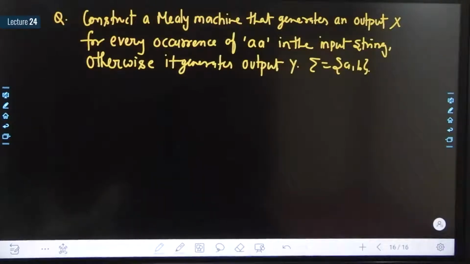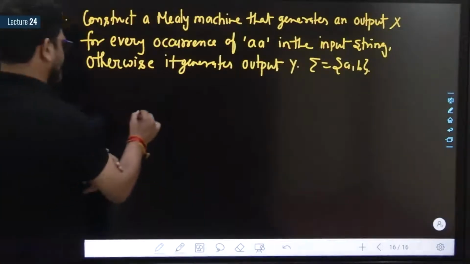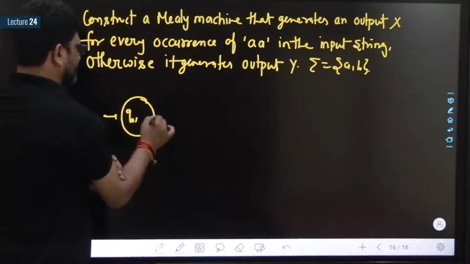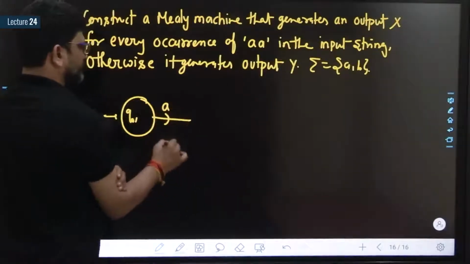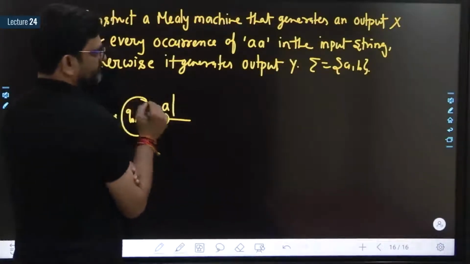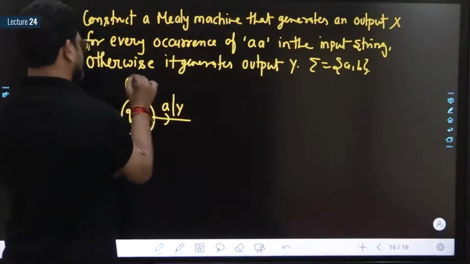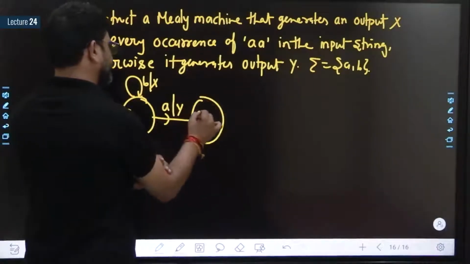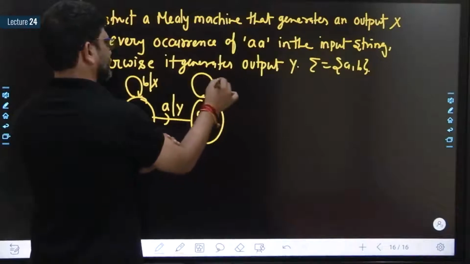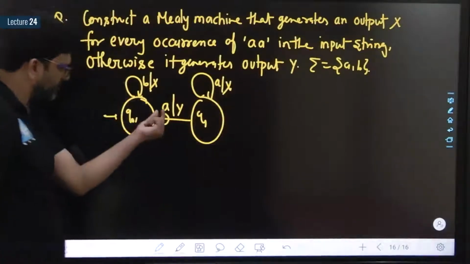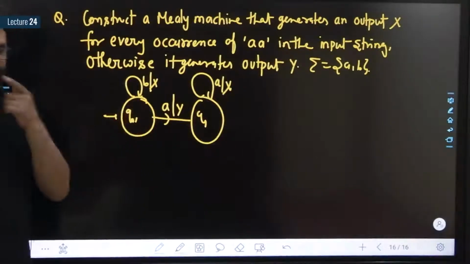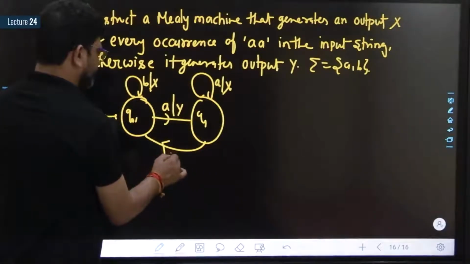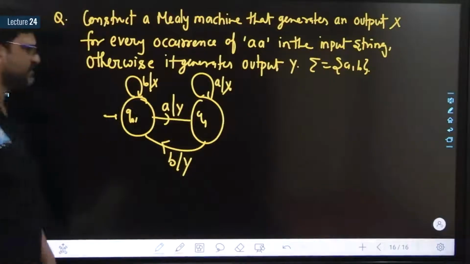Otherwise, it generates Y. See, Q naught seeing A, it produces Y. Seeing B, it produces X. Q1 seeing A, it produces X because A already came. Clear? Seeing B, it produces Y. Please see this.